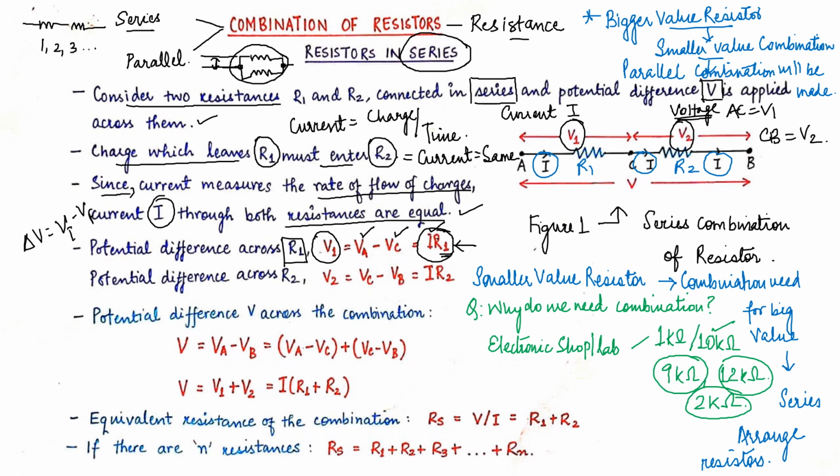This is being derived from Ohm's law. What is Ohm's law? Ohm's law states that V is proportional to current, and to remove the proportionality we have V equals to RI, where R is the proportionality constant.